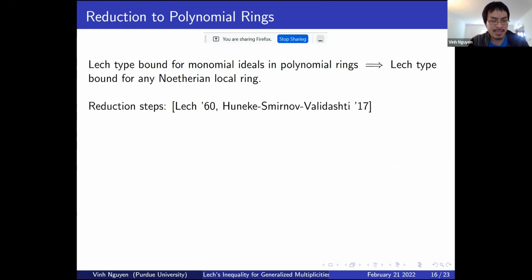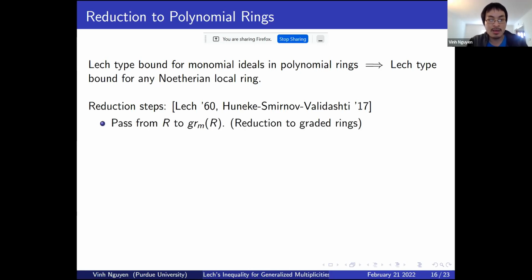So here's a sketch of the reduction steps. This was first done by Lech in his original paper, but Huneke-Smirnov-Validashti phrased it in more modern terms, and I'm going to show what they did here. We can first pass from R to the associated graded ring, and this effectively reduces us to the graded case.